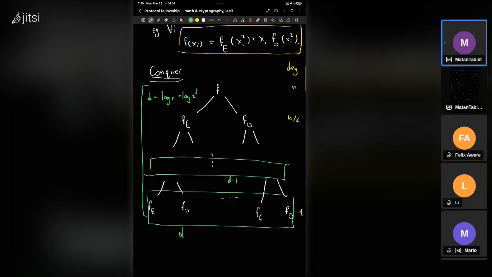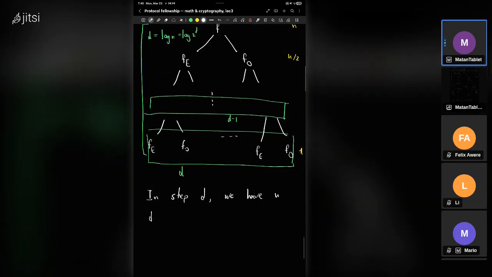How many polynomials of degree 1 do I have in step number d? I have n polynomials. So in step d, we have n polynomials of degree 1.